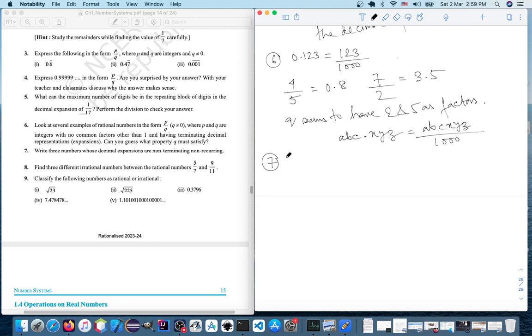Meaning it is asking to write 3 numbers whose decimal expansion is non-terminating, non-recurring, which means it is an irrational number.